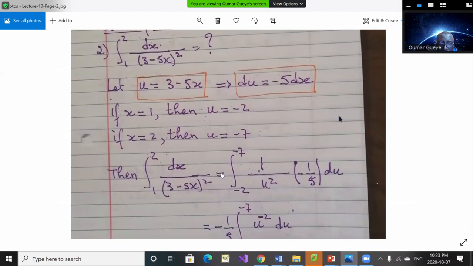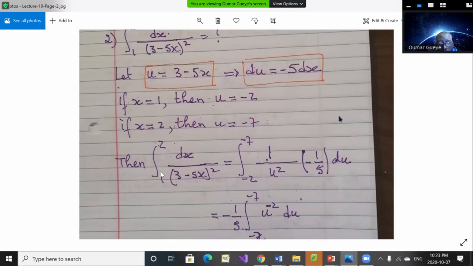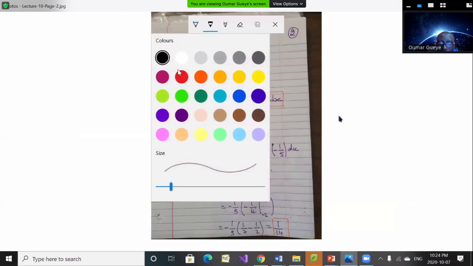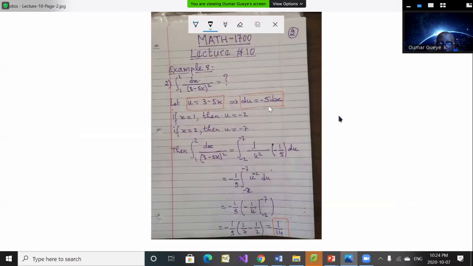Now the integral becomes the integral from -2 to -7. The denominator you substitute by u, so it's just 1 over u squared. And the dx, you can get from here. We need to know dx in order to substitute its value.